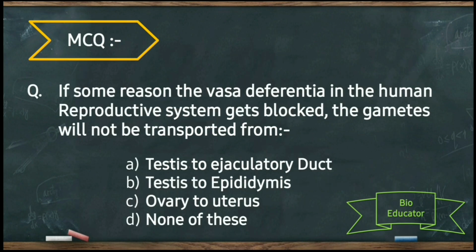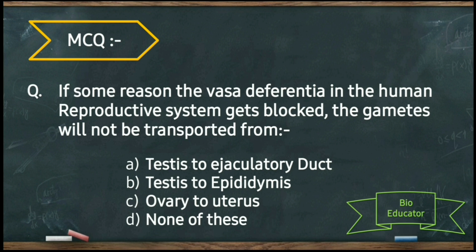Now it's time for MCQ. Question. If for some reason the vasa deferentia in the human reproductive system gets blocked, the gametes will not be transported from A. Testis to ejaculatory duct, B. Testis to epididymis, C. Ovary to uterus, D. None of these.